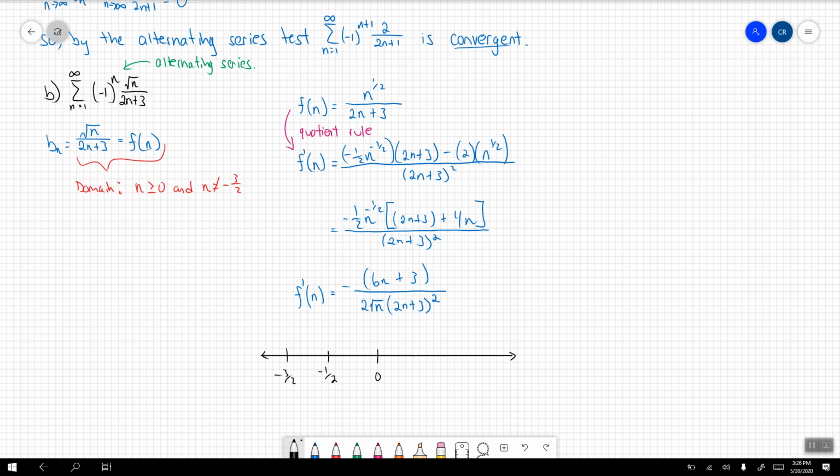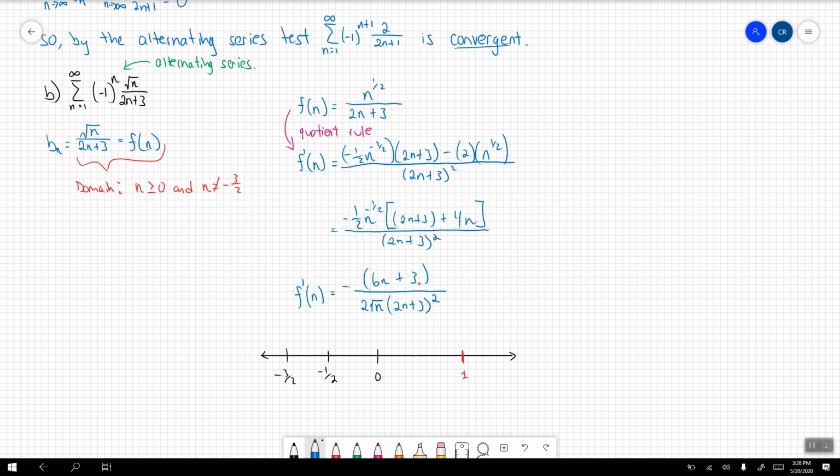So again, what we're looking at here is to be increasing, or in other words, non-decreasing. But for the values that we're looking at, our series begins at n is equal to 1. N is equal to 1 actually begins somewhere over here. All of these values over here are the ones that are increasing or decreasing, so we don't really have to worry about that, right? So all we know is that because this is going to be negative, as we start picking any value in here, it's always going to be positive.